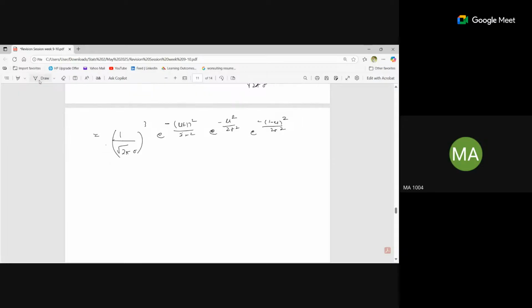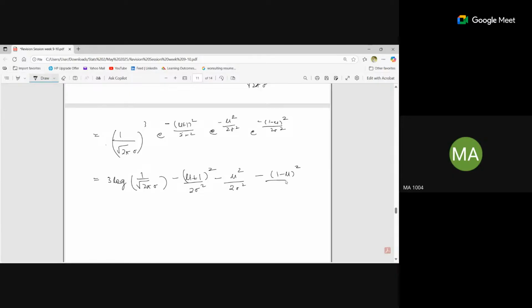Then we will take the log. So the log will be 3 log of 1 by sigma plus 1 upon sigma square minus 4 divided by 2 sigma square. So this is my log likelihood.